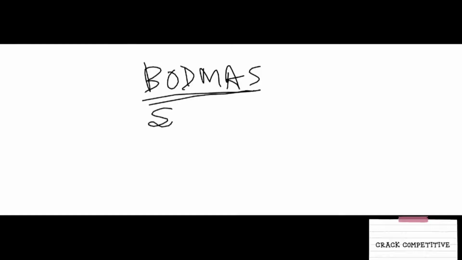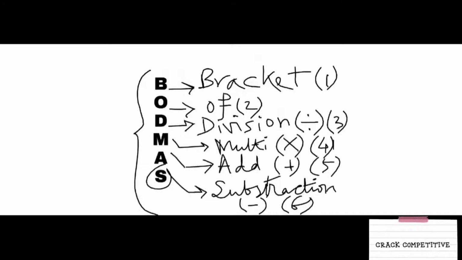It simplifies the equation and puts it in order. First comes bracket, thereafter comes Of, then division, then multiplication, then addition, then subtraction.